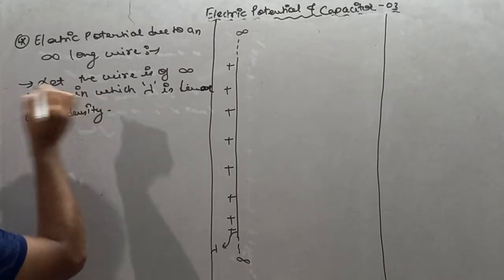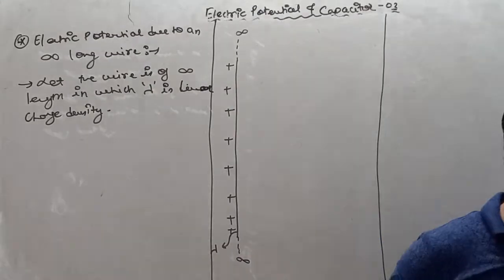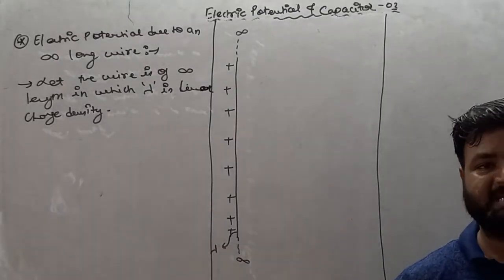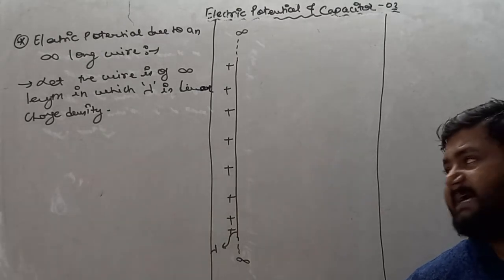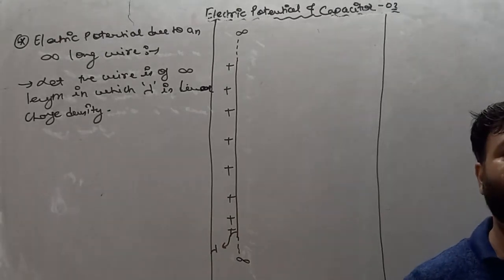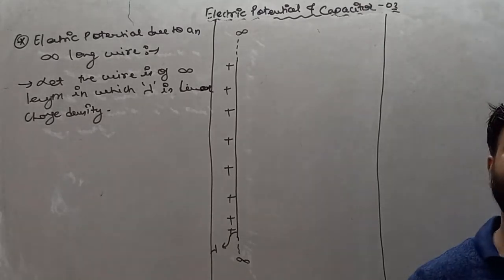We know that the physical parameter of a wire is length, my dear student. So if the physical parameter of the wire is length, then the charge must be linear charge density. So we are considering a wire of infinite length having linear charge density, my dear student, lambda.